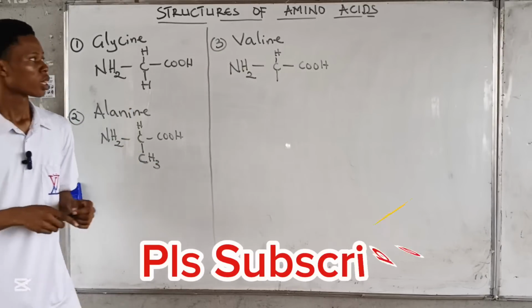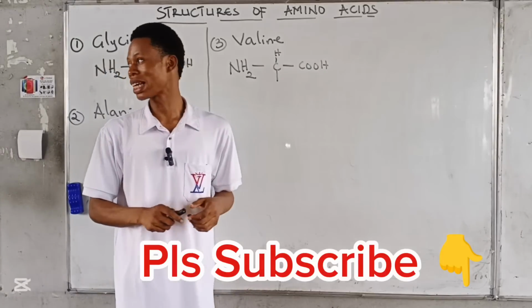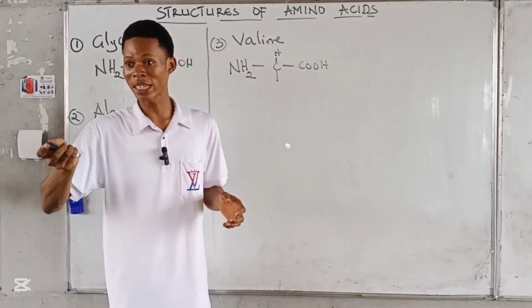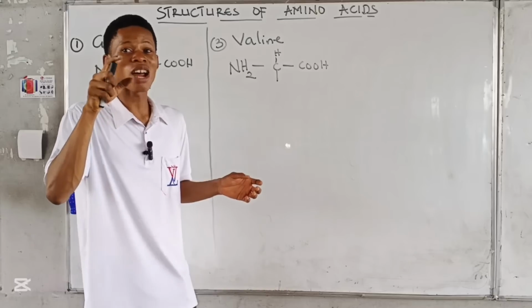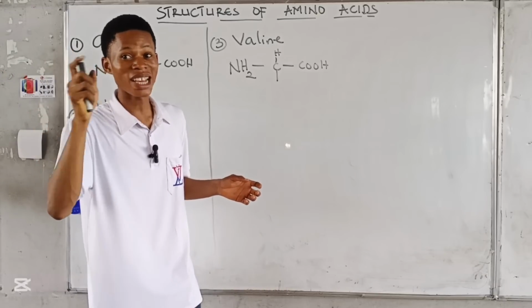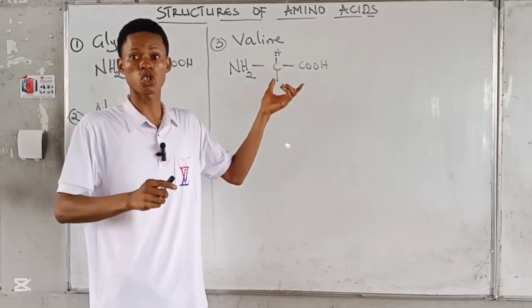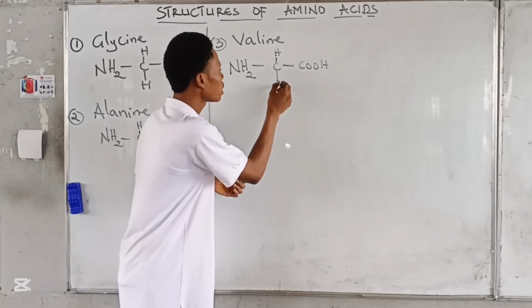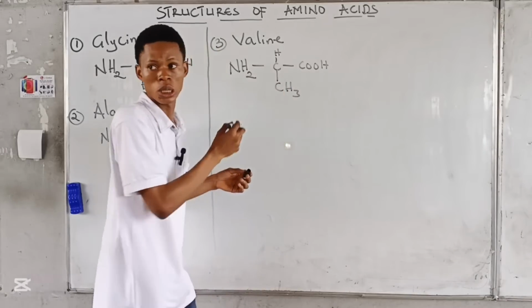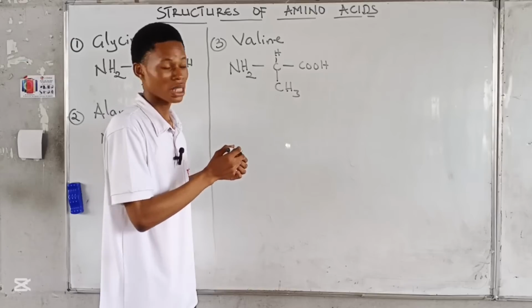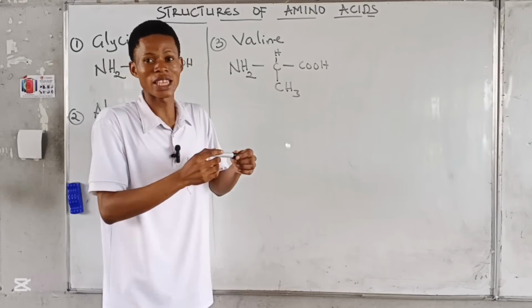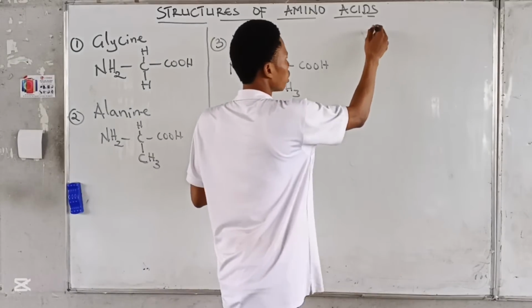Do we get that? Now valine starts with what? Starting with V, right? The structure of valine, that R chain looks like V. That's the simplest way to remember the structure of valine. If I have something like this, what is this? Alanine, right? To make it look like an inverted V. This is V, right?